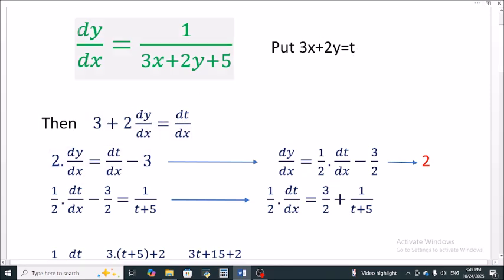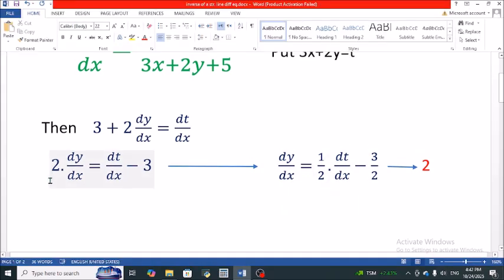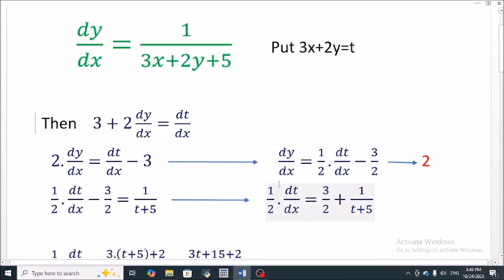And to apply in this equation, we have 2 dy by dx equals dt by dx minus 3. Dividing both the left hand side and right hand side of the equation by 2, we get dy by dx equals half dt by dx minus 3 over 2, to get pure dy by dx.